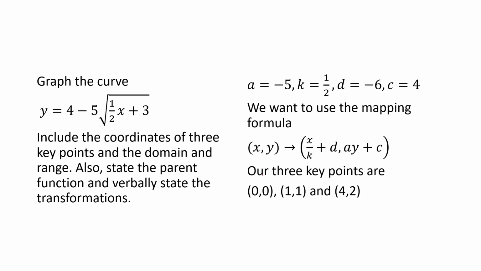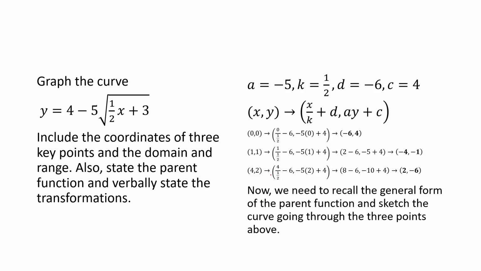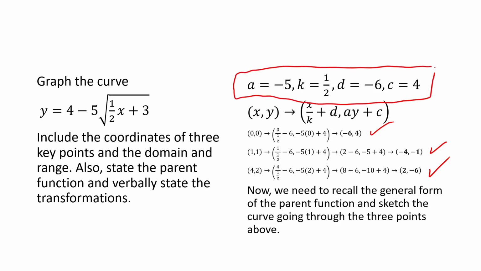We recall that three key points on our original function are 0, 0, 1, 1, and 4, 2. So we can take those 3 points and put them through the mapping formula. So knowing that a is negative 5, k is a half, d is negative 6, and c is 4, we first let x and y be 0 and 0. Putting them through the mapping formula, we end up with negative 6 and 4. Then we let x and y be 1 and 1, but we still let a, k, d, and c be the values that we've already determined.